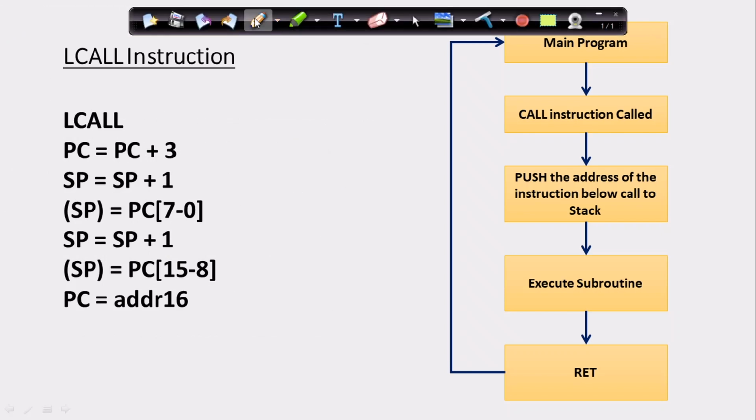So whenever there is a call, my program counter will be incremented by 3 bytes, and the address of the instruction below the call will be stored into the stack.